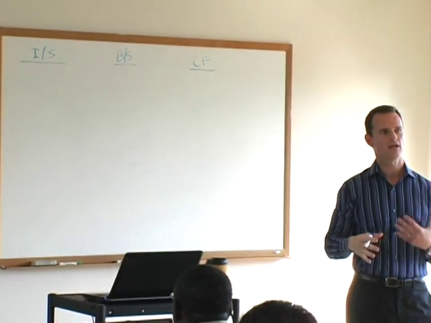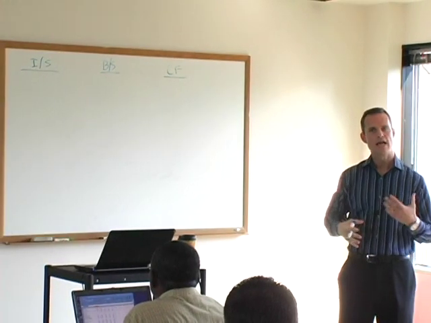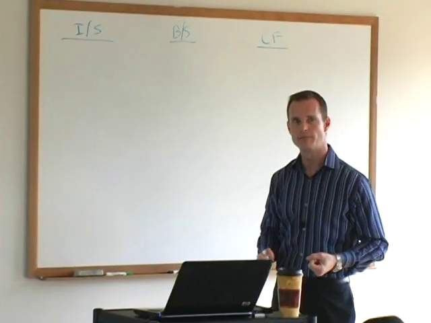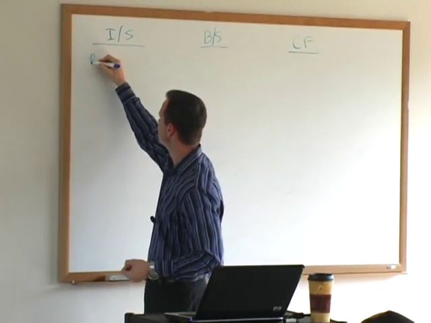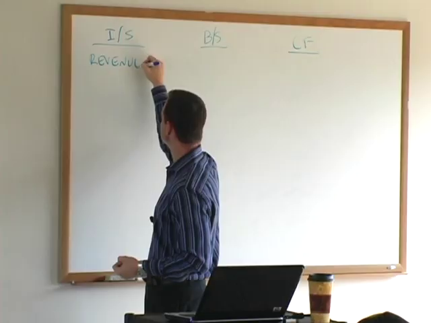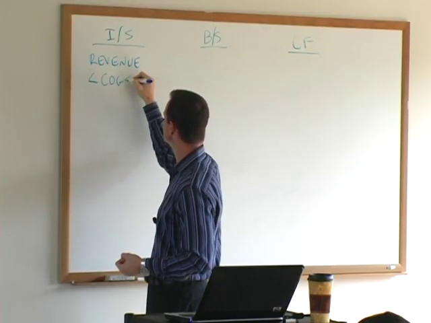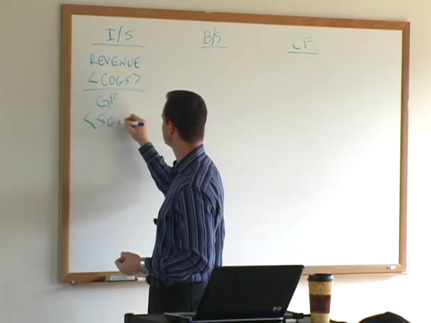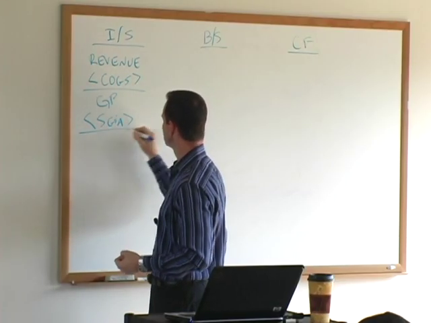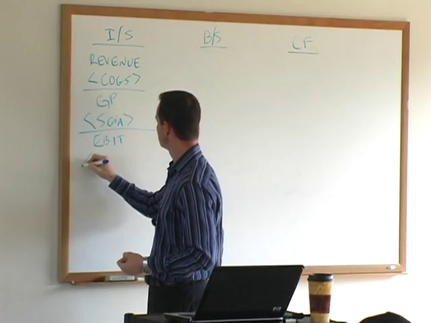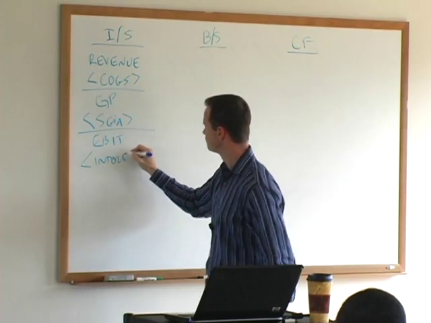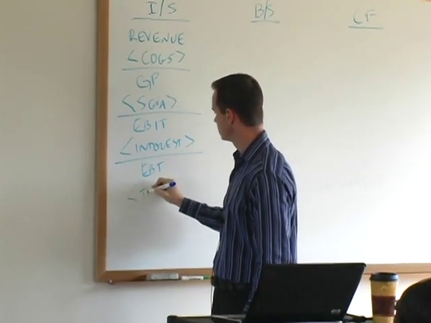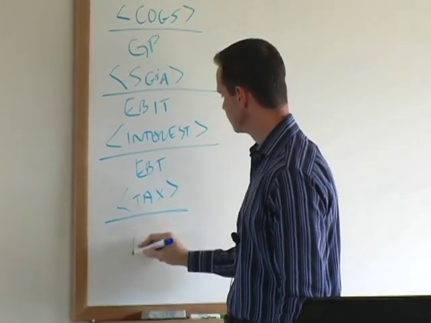And I want to start talking about the integrated nature of these statements, and when we say integrated cash flow model, I want people to understand what I mean by that. All right, so if we take our income statement, just like we've seen several times already, revenues less cost of goods sold gives us gross profit less SG&A gives us EBIT less interest gives us pre-tax or earnings before tax less taxes gives us net income.